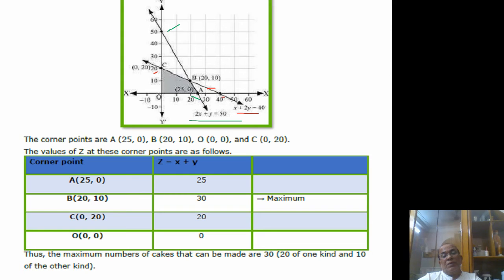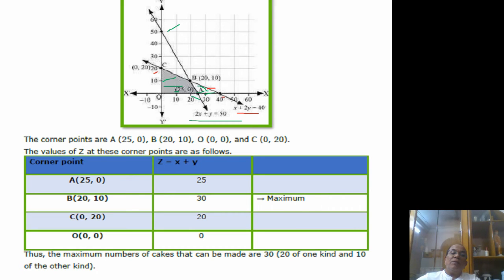In which inequation? First inequation. So when you put it in 2x plus y equal or less than 50, the area will be shown by these green lines. You can see this, and this as well, right? And this is for the second line, that means x plus 2y equal or less than 40.